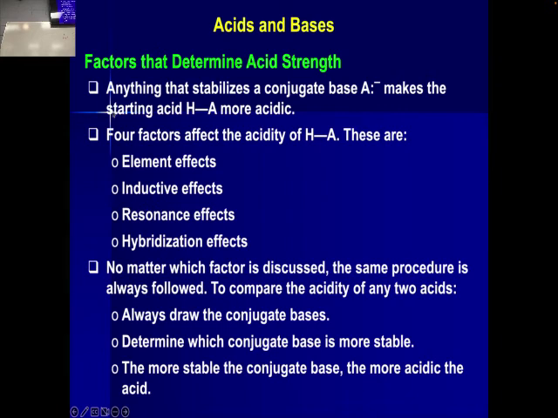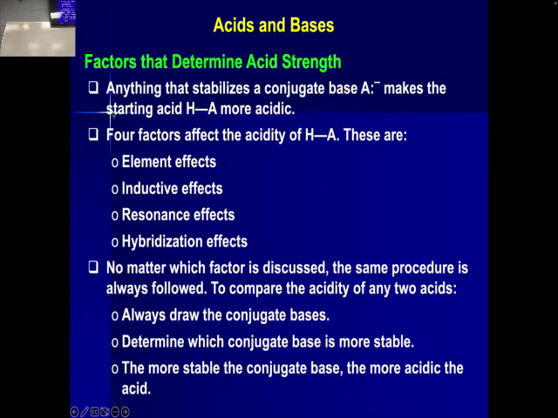And the general rule that you need to know is that first box. Anything, and I do mean anything, that can stabilize the conjugate base, A minus, will make that acid more acidic. Anything. And think about that. Why should that make sense?